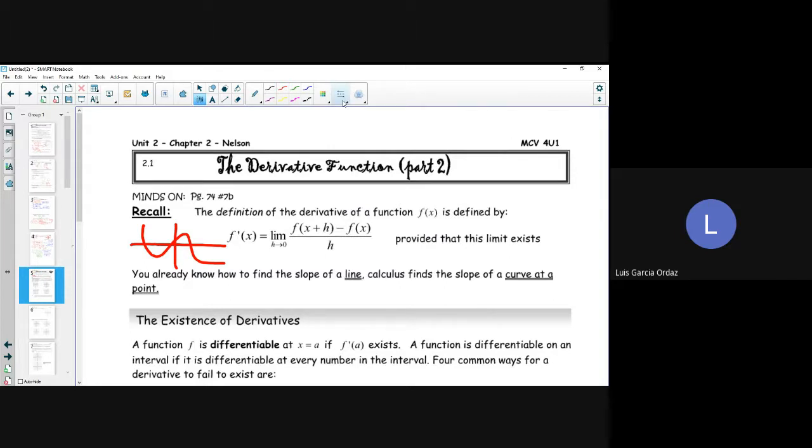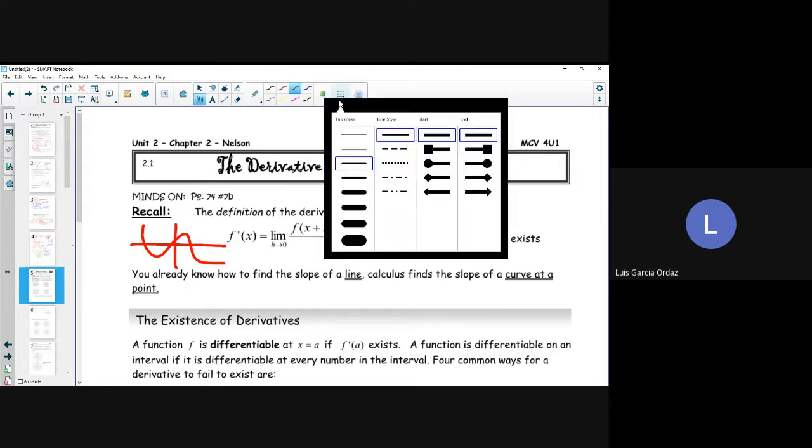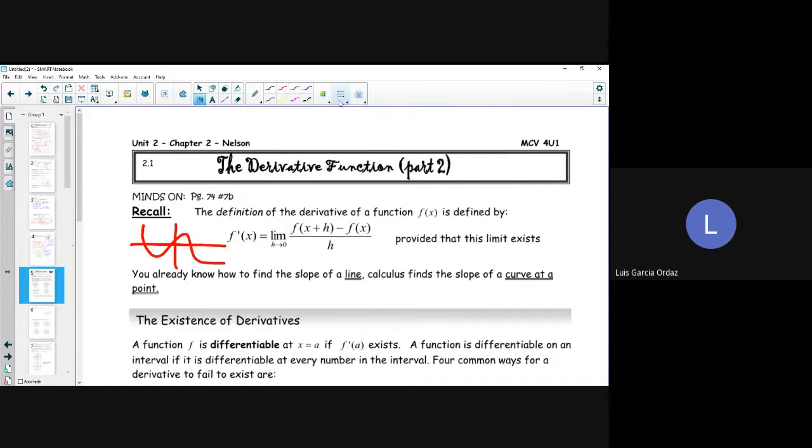Calculus is just asking us what is going to be my rate of change and what is going to be my equation of the tangent line at a specific x value, where the tangent line just slightly touches the curve.